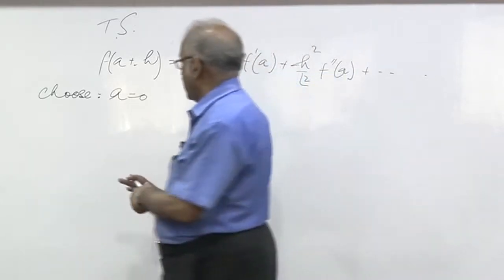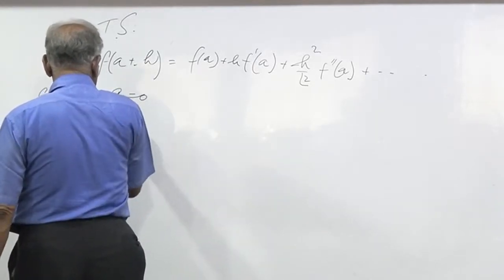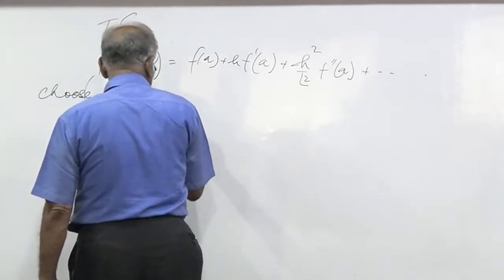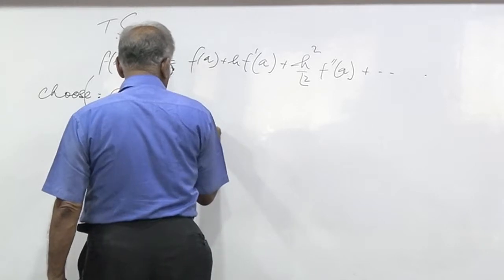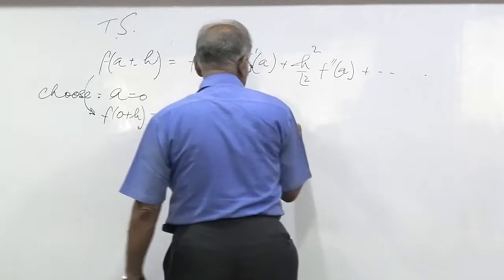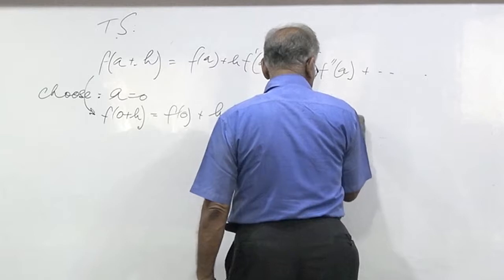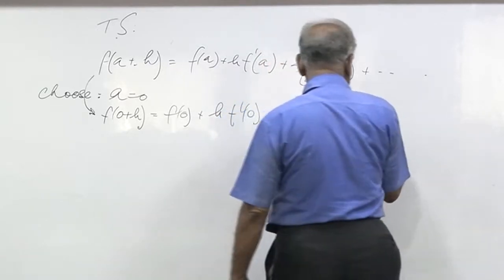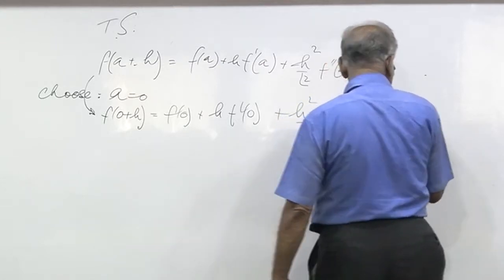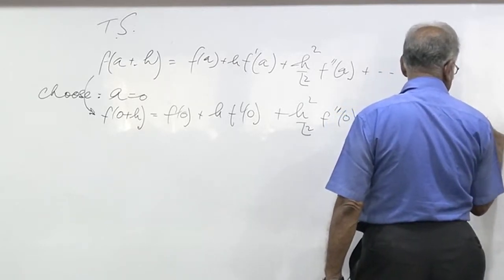So, if we do that, we can write this becomes f(0+h) is equal to f naught plus h f dash naught plus h square by factorial 2 f double dash naught plus h cubed by factorial 3 f triple prime evaluated at 0, and so on to infinity, we say.